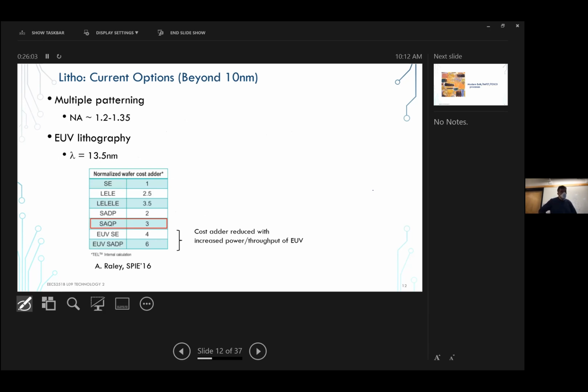So there are 2 options that are being pursued now in sub-10 nanometer nodes. One, multiple patterning with immersion, and that has had issues, right? Companies were forced to go to double patterning and somehow got through that, but everybody who had to go to quadruple patterning was slowed down. The issue with quadruple patterning is that it's fairly expensive. It takes 4 times as long to do.